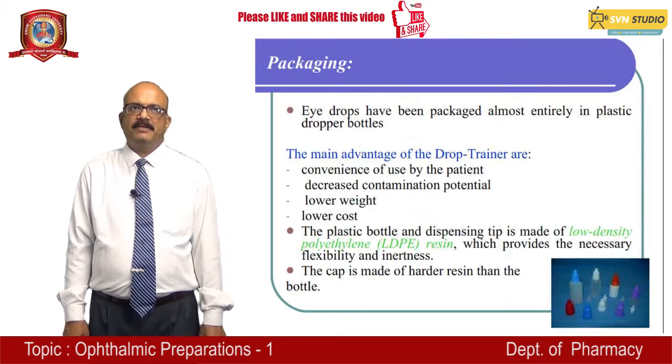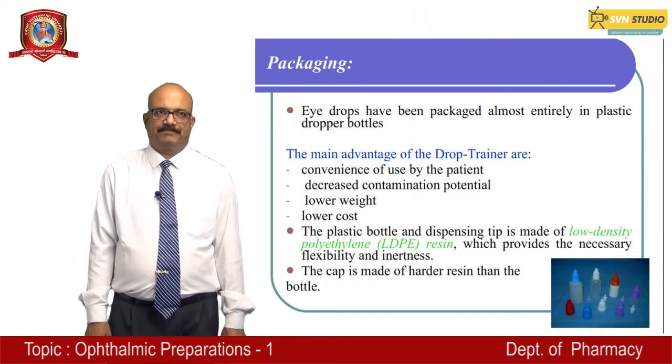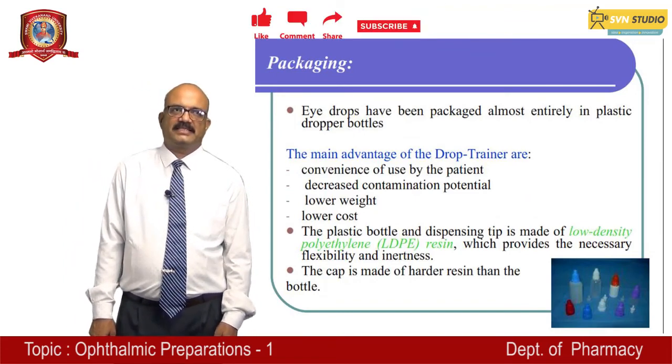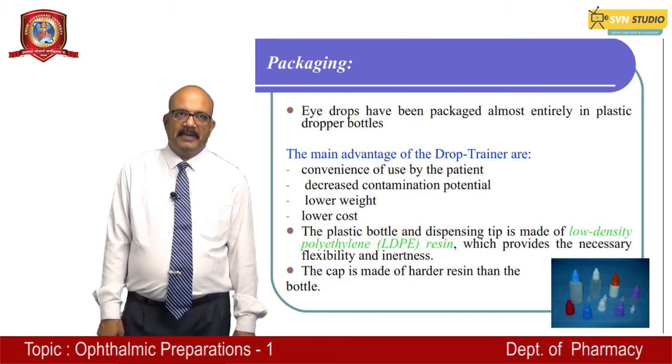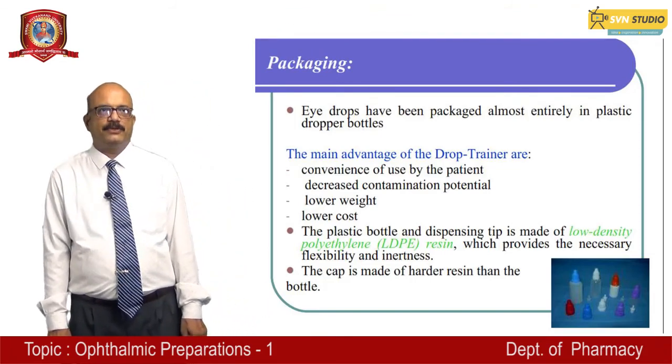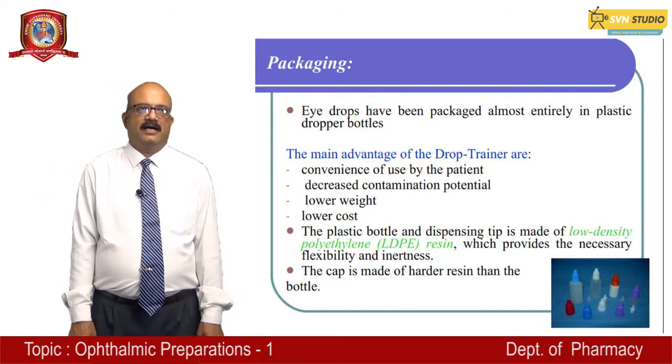Eye drops have been packaged almost entirely in plastic dropper bottles. As far as packaging of these products is concerned, nowadays plastic droppers, or plastic containers, are being used very widely.